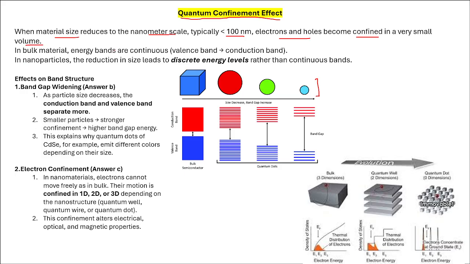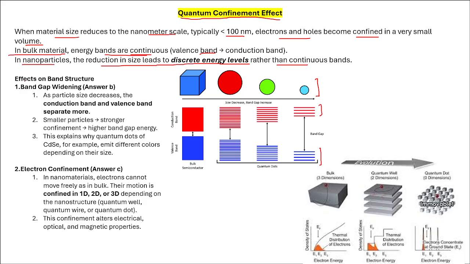In bulk material, energy bands are continuous, from valence band to conduction band. But in the case of nanoparticles, the reduction in size leads to discrete energy levels, as you can see, rather than continuous bands.